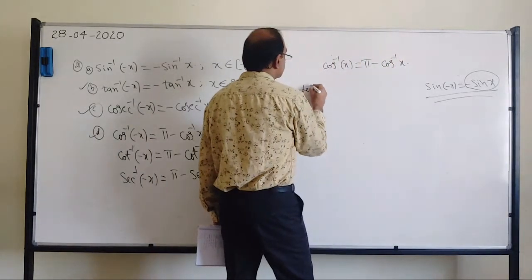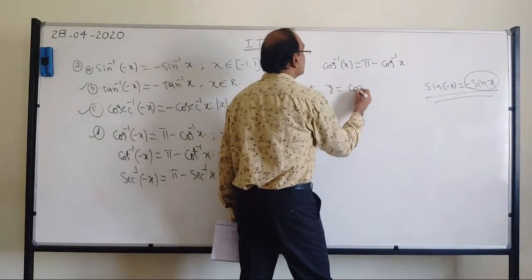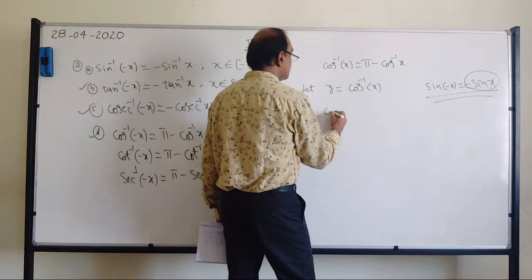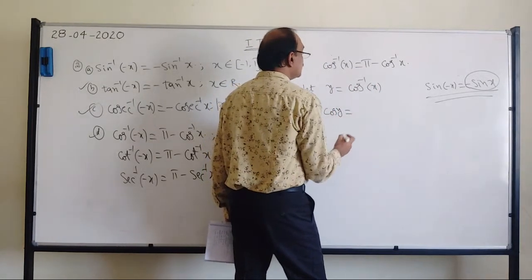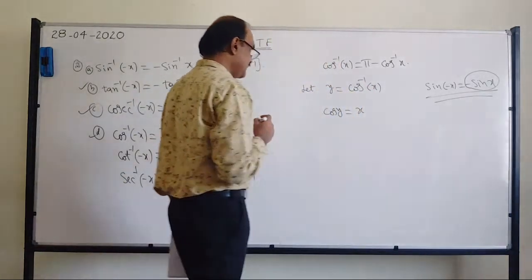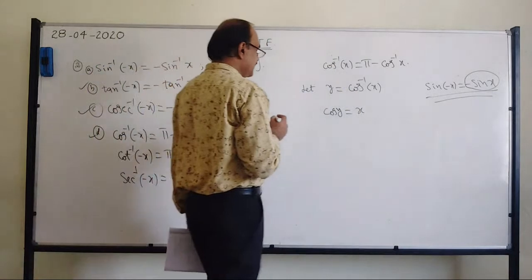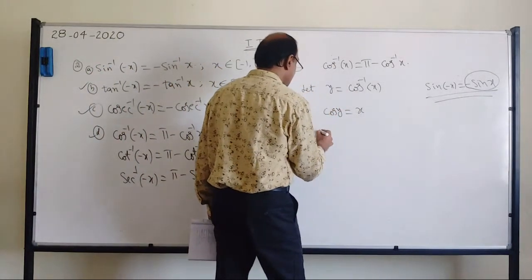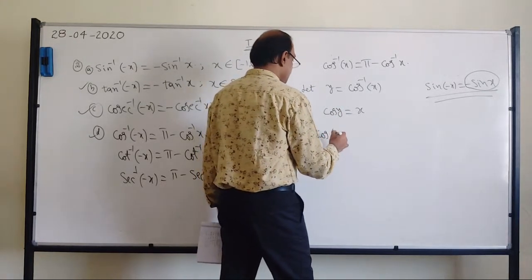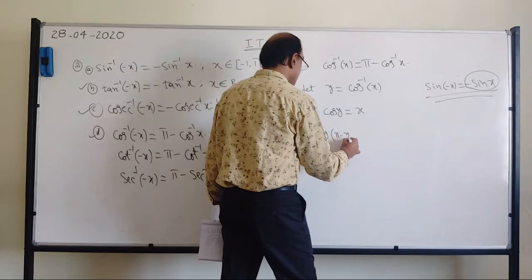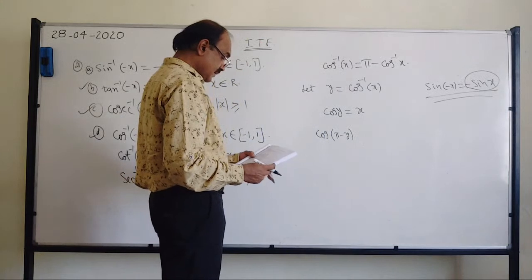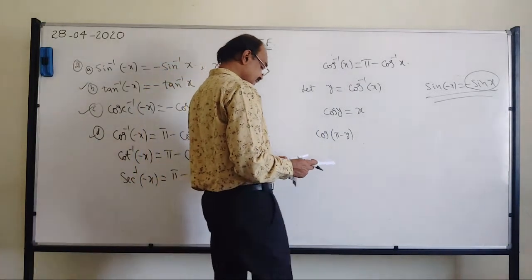Here also same process. Let y equal cos inverse of x. Now cos y equals x. What you wanted is pi minus something. So this I can write cos of pi minus y.